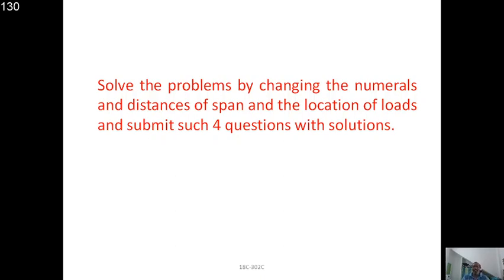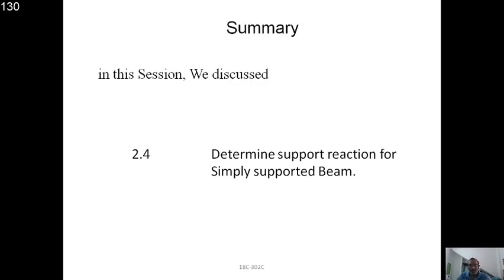In the entire slides I have taken moments at support A only. So please take the moments at support B and check whether the values obtained are similar or not. Obviously they will come out similar. So try all these possibilities and get comfortable with the support reactions of the simply supported beam.